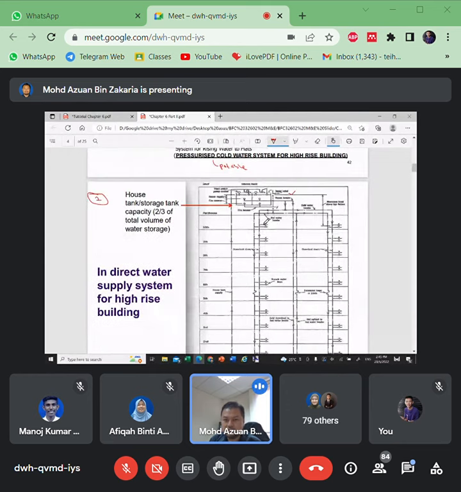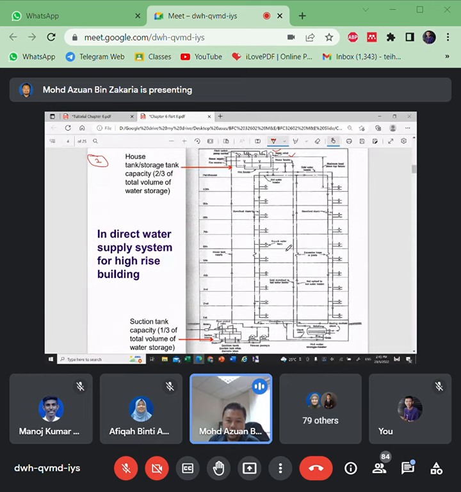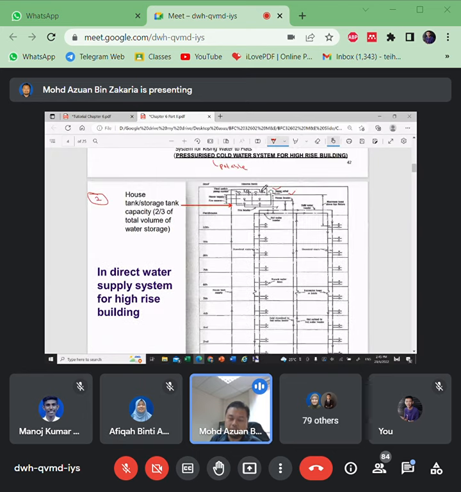Why? Because in this system we use a water tank. Okay, what is the difference from a low-rise building? It has pumps because the building is high level, so they need pressure. We need pressure to push the supply water to the water tank.